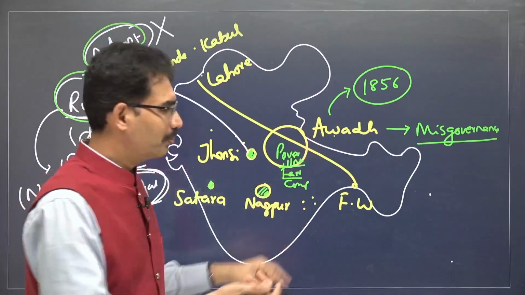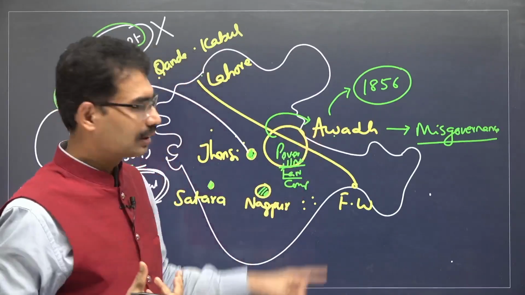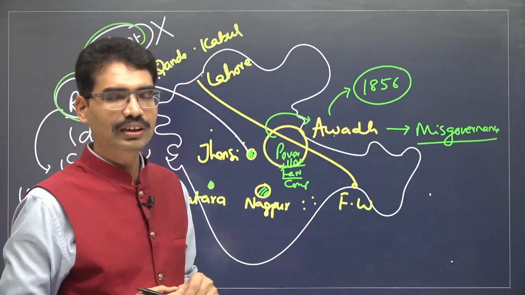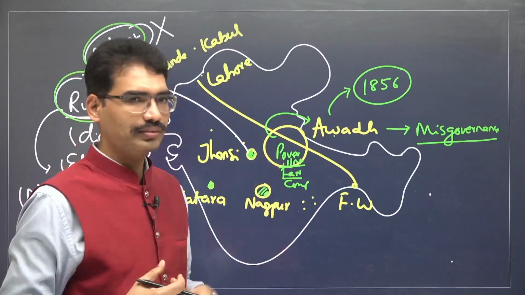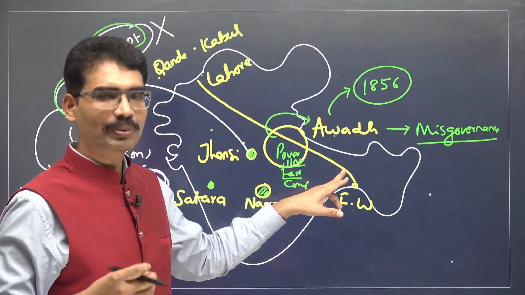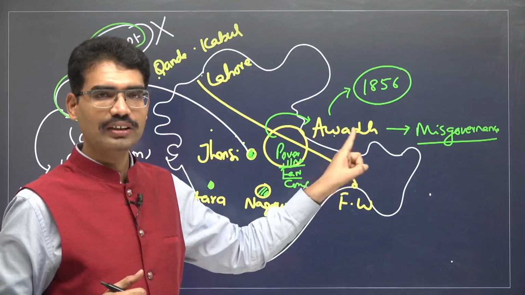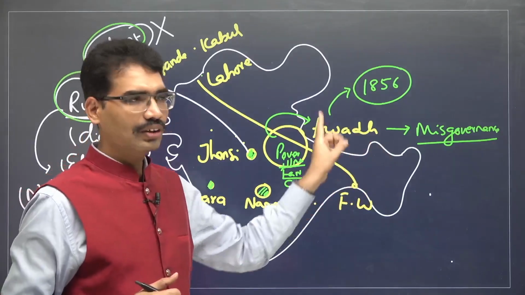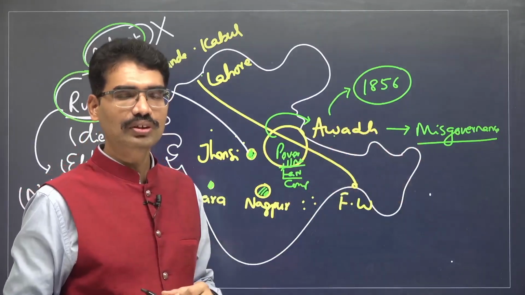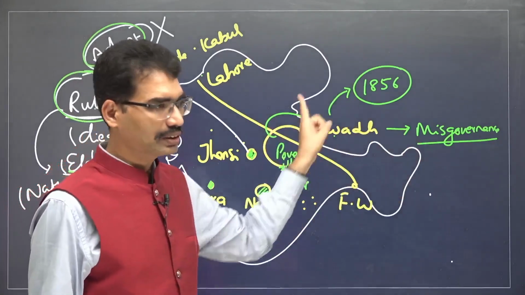Now, the people who were very much respecting the royal family members of Awadh suddenly felt cheated. They suddenly felt that the British are not the people who are going to honor their word. They are violating their own word.